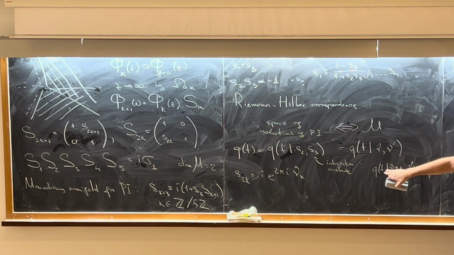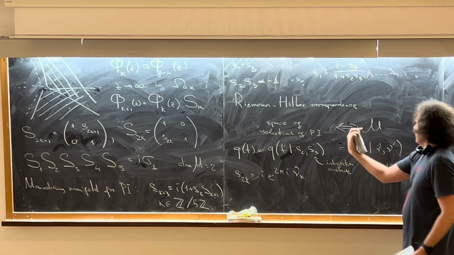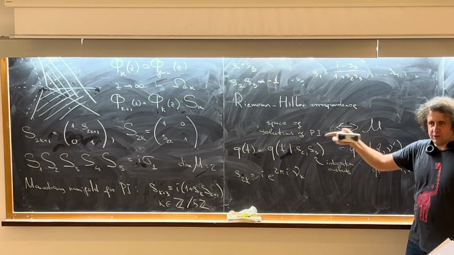So instead of working with these meromorphic functions, I want to have a nicer object. And these mu's are functions of P and Q. So basically it depends in which way you want to consider this map.